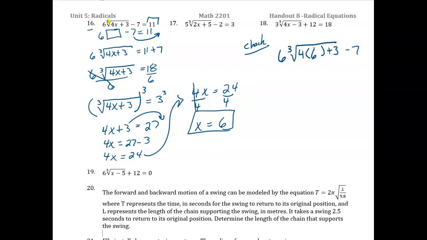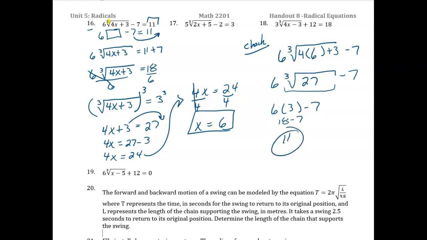Number 6. 24 plus 3 is 27. Cube root 27. So we would look here at this part. Is 3. 6 times 3 is 18. Take away 7, 11. So we did get back what we expected.